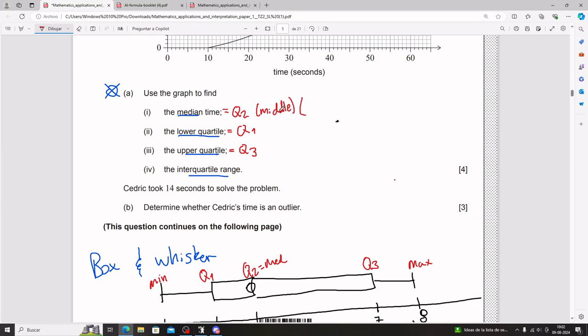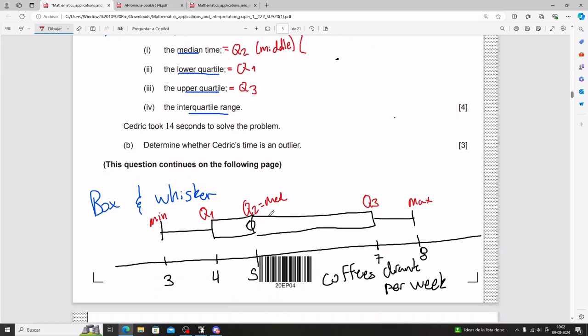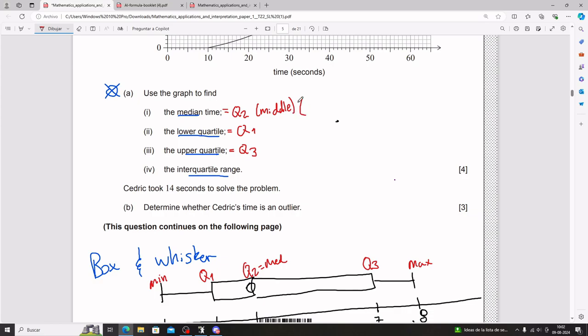Because Q2 is right at the middle of my data, I can also think of it as being 50% through your data. In terms of lower quartile, look at the word quart. When something comes in quarts, how many quarts do you need to make a whole?